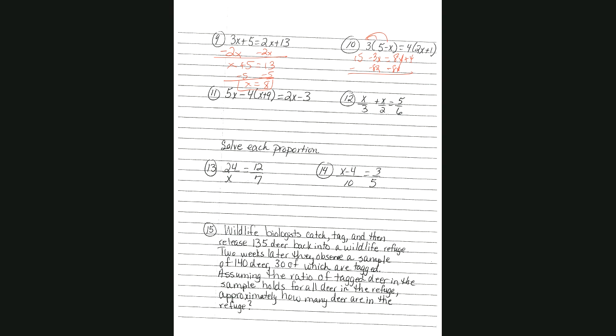So you're going to have 15 minus 11x is equal to 4 because the 8x cancels there. Now you subtract 15. And you're going to have negative 11x is equal to negative 11. Then you divide by negative 11. X is equal to 1.